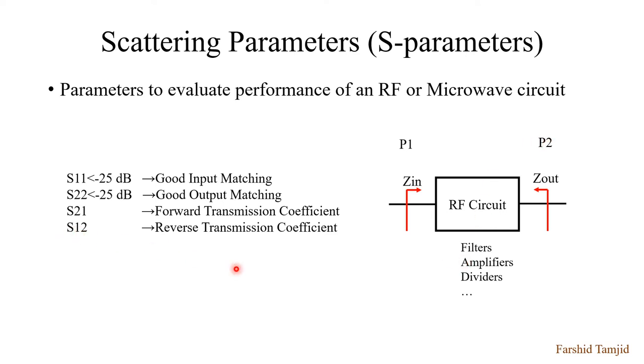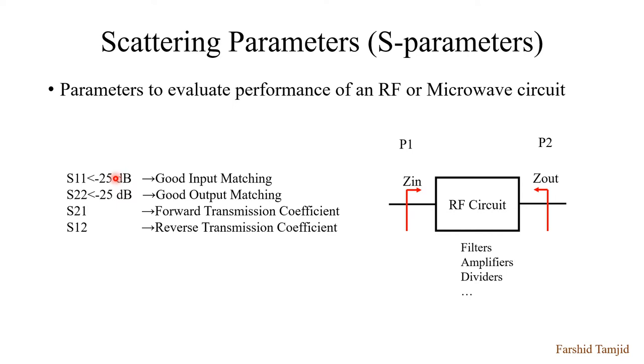When we say we have a good match, S11 needs to be better than minus 25 dB when we are designing it. Because normally there are some parasitics in measurement, and this minus 25 will drop to minus 20 dB. That's the value we accept, at least for the circuits we are designing right now, which are microstrip circuits.